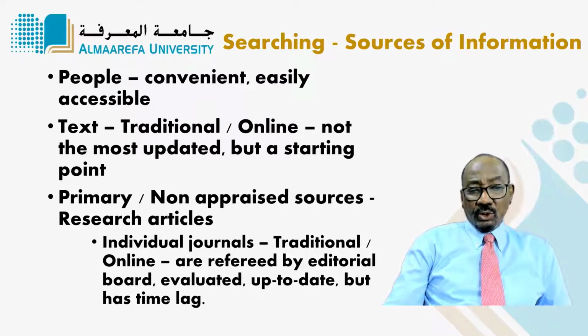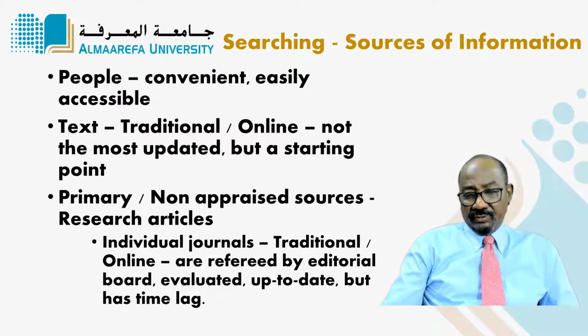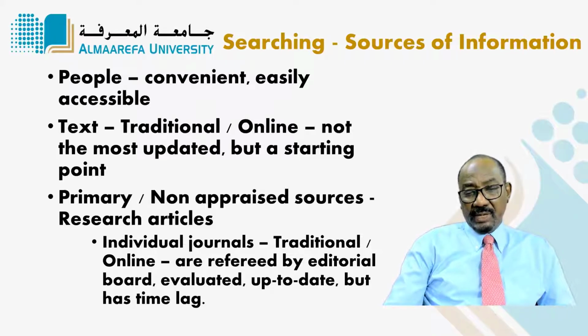Now, you can also check primary non-appraised sources, primary published publications, but direct from the oven. For example, you go to individual journals. Every day you open a particular journal and read topics. Nobody evaluated them before. And these are traditional online sites referenced by editorial boards, evaluated, up to date, but with a time lag.